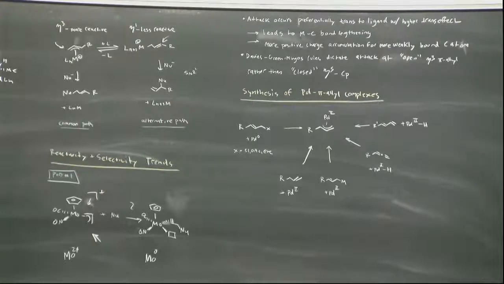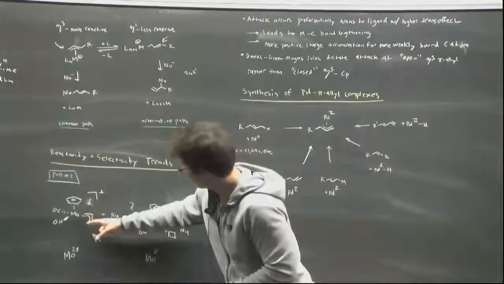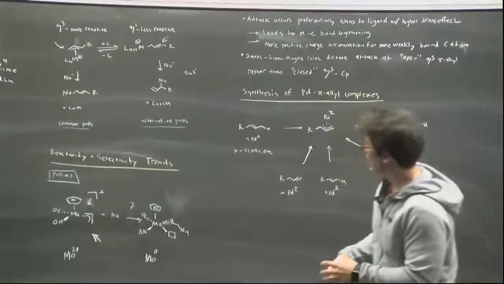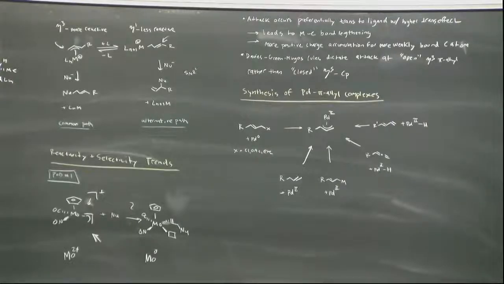And so what happens is that a strong trans effect ligand weakens the bond to the allyl fragment that is trans to the ligand. That leads to partial positive charge accumulation at that center, and that determines the kinetic selectivity of how the incoming nucleophile will engage. And then we discussed the difference between attack in an open versus a closed carbocyclic polyenyl fragment.